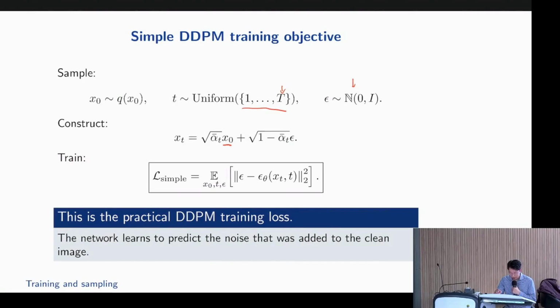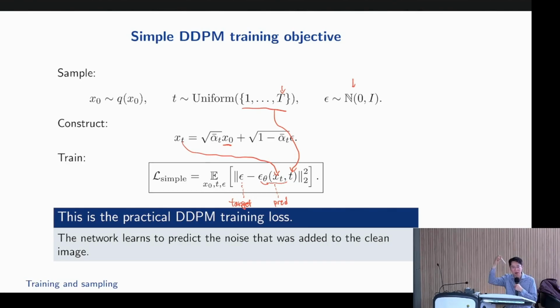And then you're going to train a model, epsilon model, so that this is the regression target. This is your prediction, which takes as input xt, the t-step noised image, sampled noising step index, and minimize the MSE. So during training, we don't follow 2,000 steps.